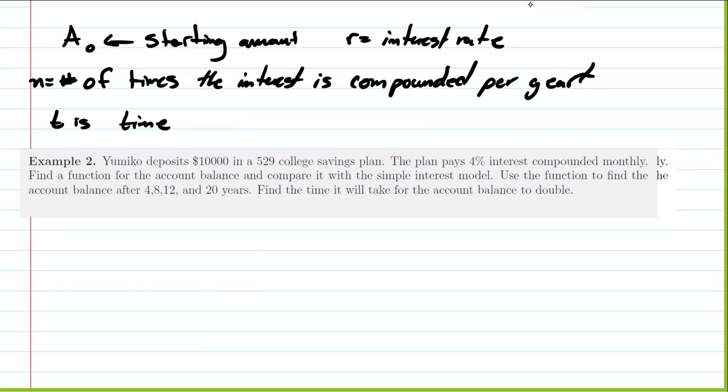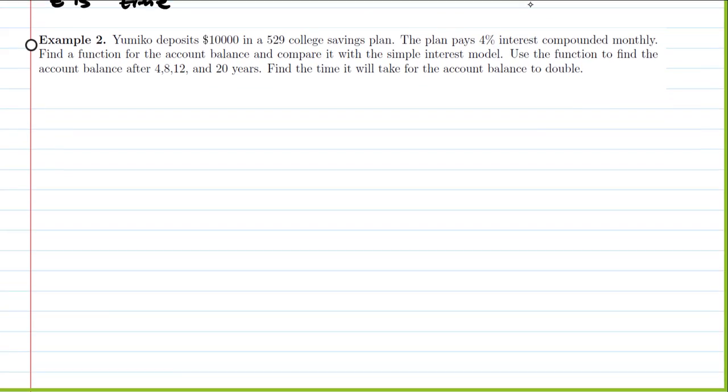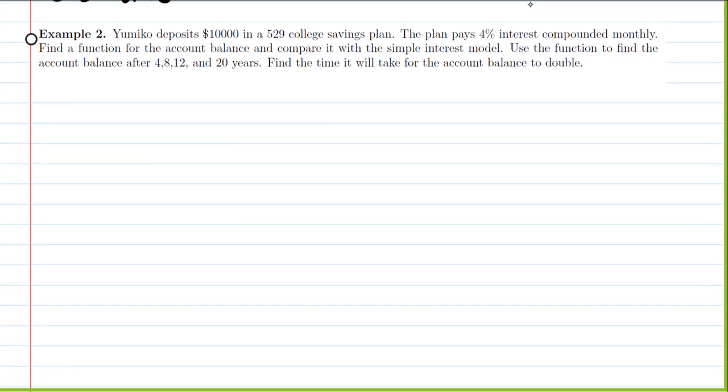So Yumiko deposits $10,000 in a 529 college savings plan that pays 4% interest compounded monthly. Find the function for the account balance and compare it with the simple interest model. Use the function to find the account balance after 4, 8, 12, and 20 years, and find the time it will take for the account balance to double. All right, so we want to use our model. A equals A naught times 1 plus R over N raised to the NT.